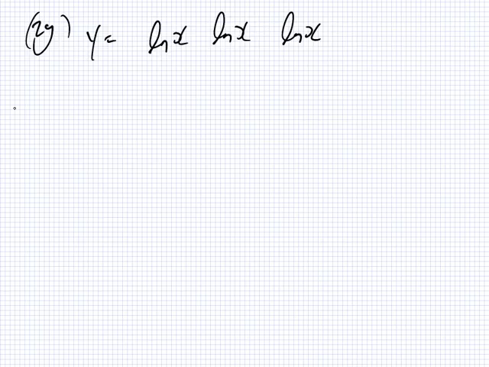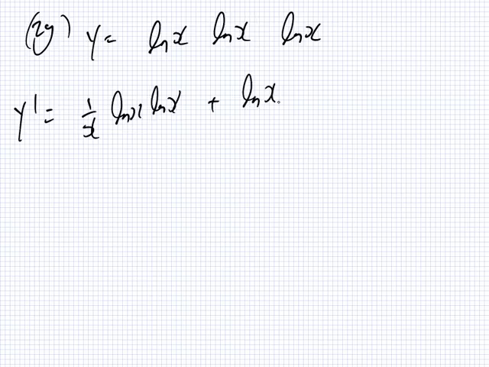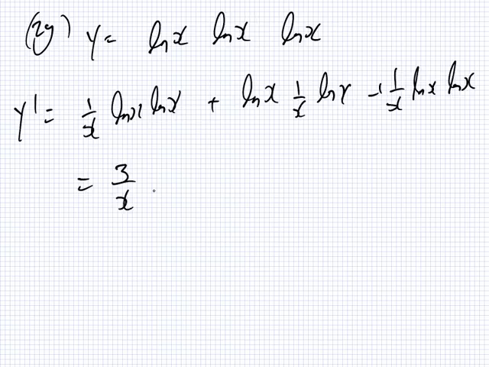So the derivative would be 1 over x, log x, log x, plus log x, 1 over x, log x, plus log x, log x, 1 over x. So that's 3 over x, log x squared is the answer.